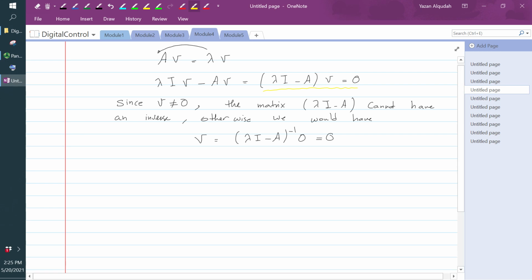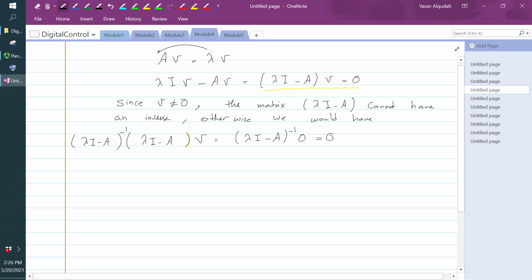Since V is not equal to 0, this lambda I minus A cannot have an inverse, because if it were to have an inverse, I can multiply both sides by lambda I minus A inverse.